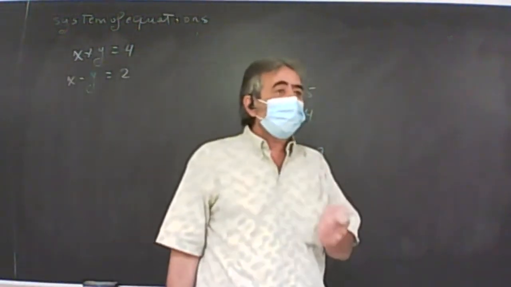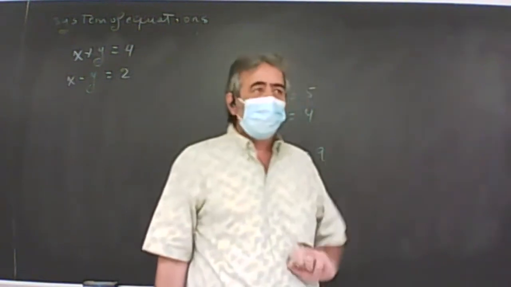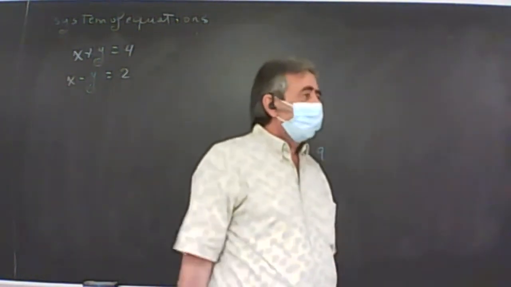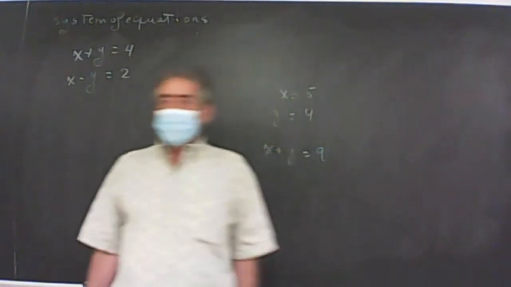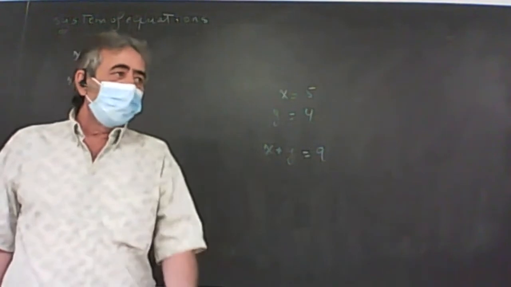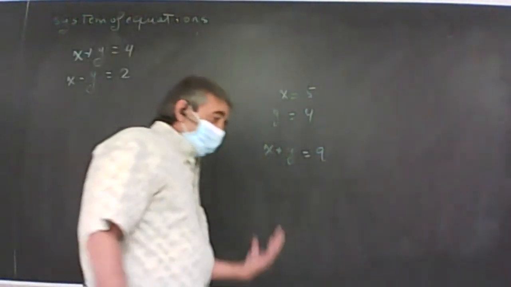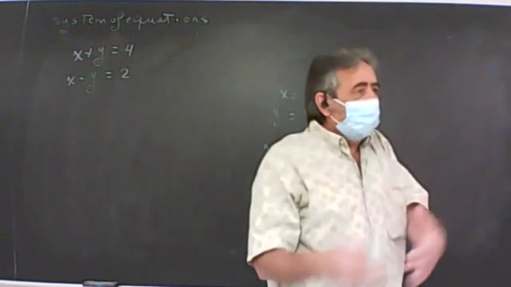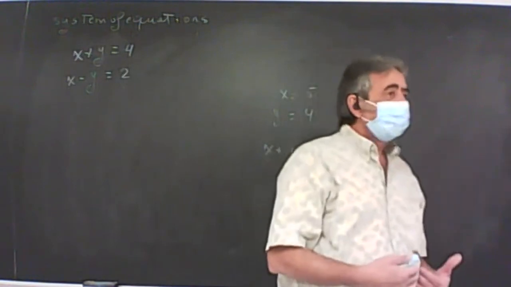How? We want to add them in such a way that when I put them together, one of the variables is definitely gone. Okay. So that's why we eliminate one variable. That's the basis of the elimination method. Some people call it addition. Why? Because in order to eliminate it, we add them.